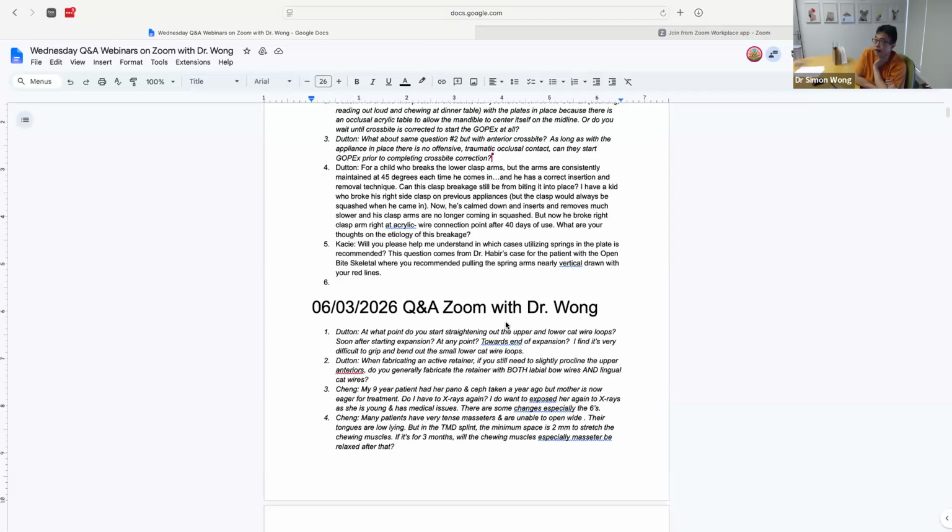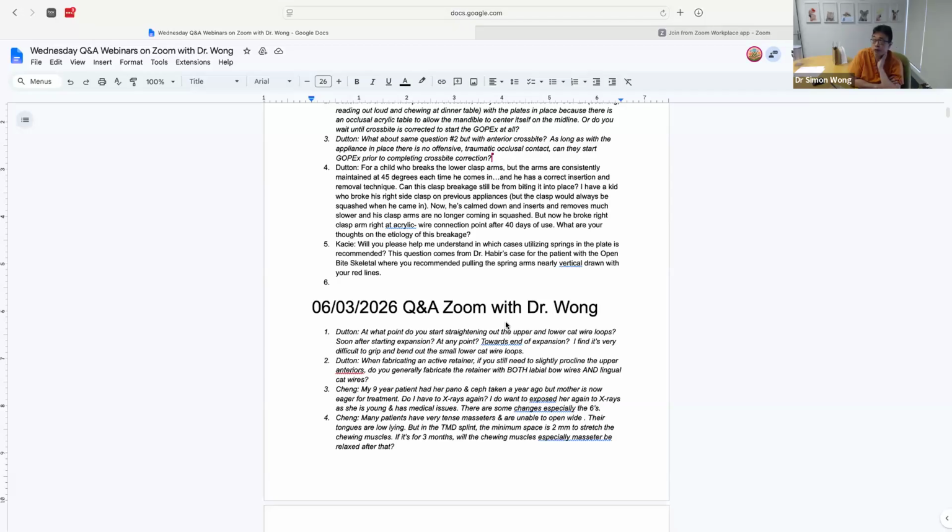In the current orthodontic era, in older patients, this is done using temporary anchorage devices, TADs, on either side of the molars, and then using elastics connecting buccal screws and palatal screws to intrude the posterior teeth.